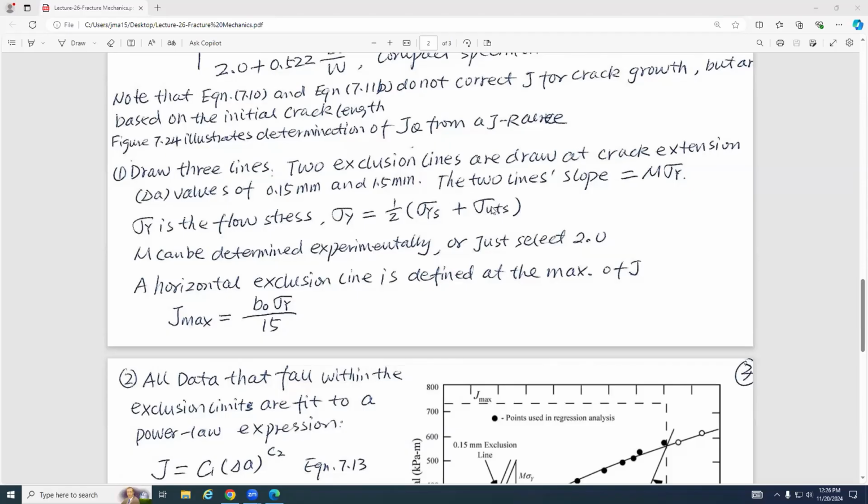Sigma y is just in the middle, the average. So sigma y in this context equals the average of sigma ys plus sigma UTS. Keep that in mind, otherwise you will be totally confused.